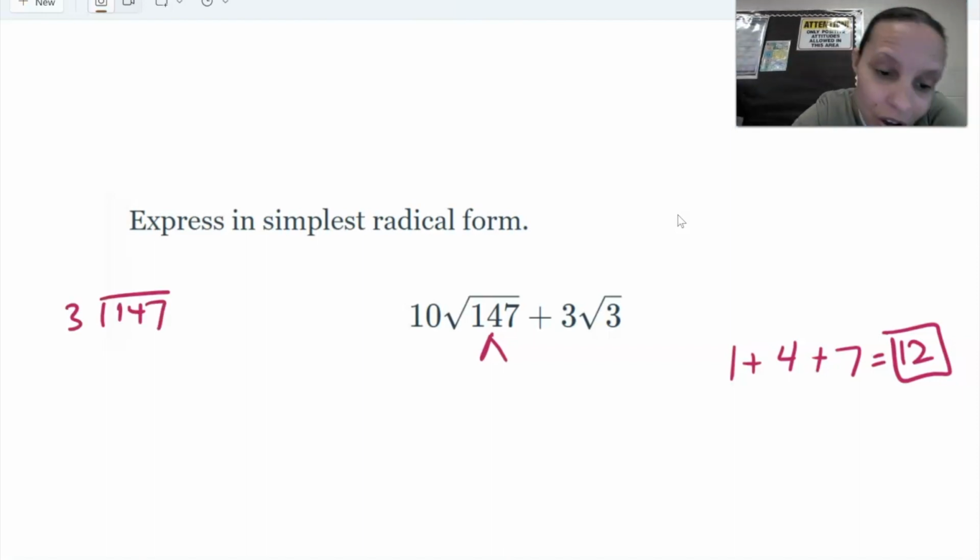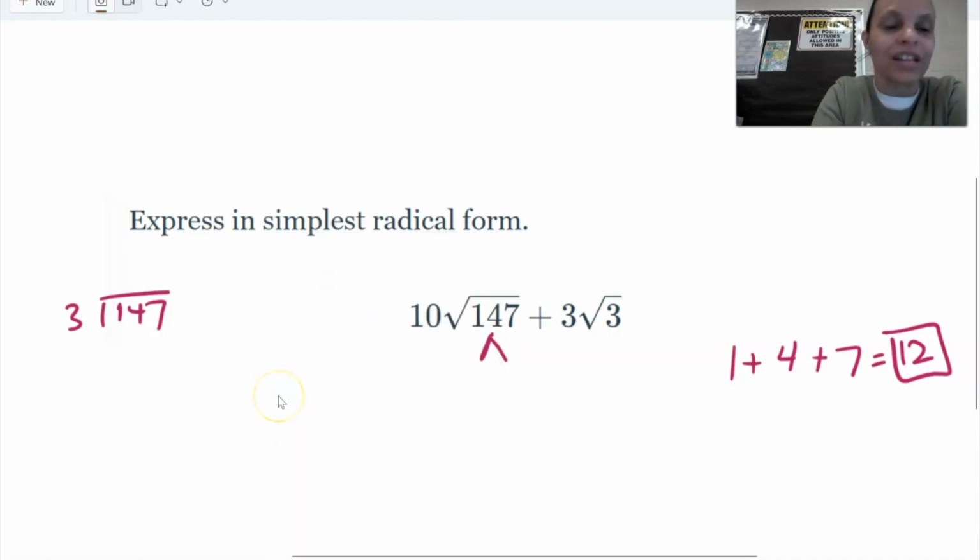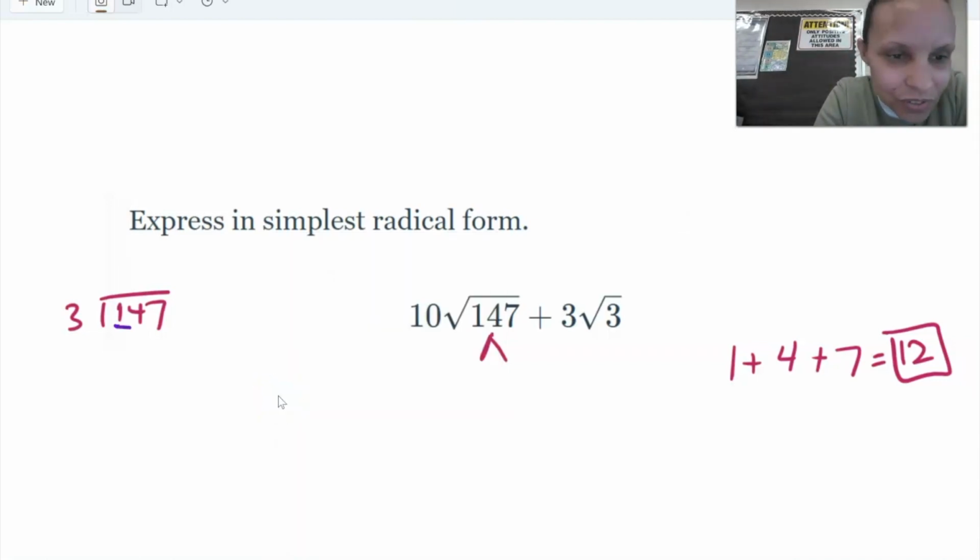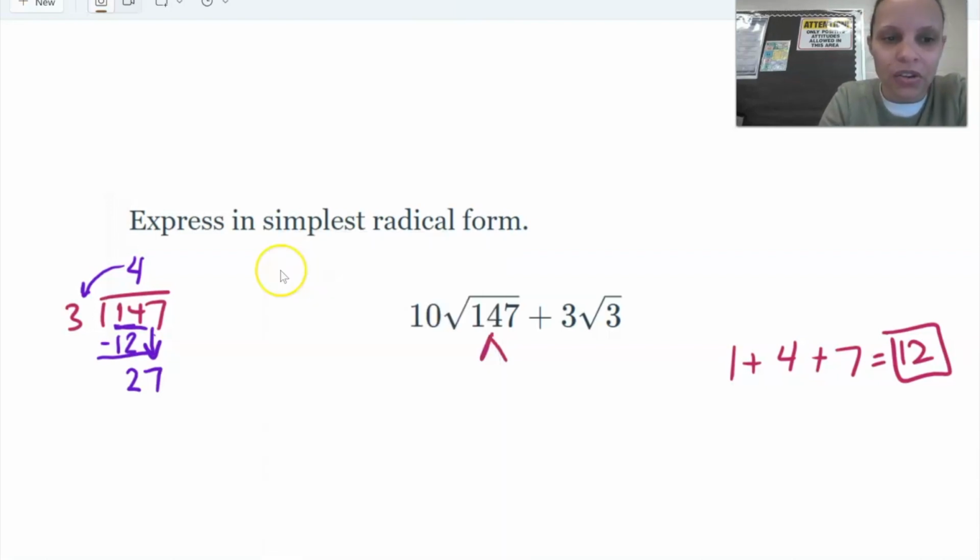Now, I'm going to sing the song, but you're going to definitely listen. First you divide 3 into 14, goes 4 times. Then multiply, so that's 12. Then subtract, that's 2. Bring it down. Now you're coming in here. First you divide, and it's hard to sing and concentrate at the same time. 3 into 27 is 9.